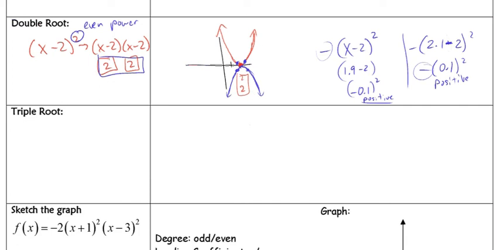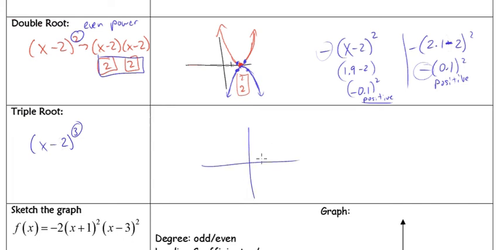All right, triple roots are similar. This is when you're going to have an odd power, so x minus 2, but this time it will be cubed. So this time the root is to an odd power, and we would have a similar shape.